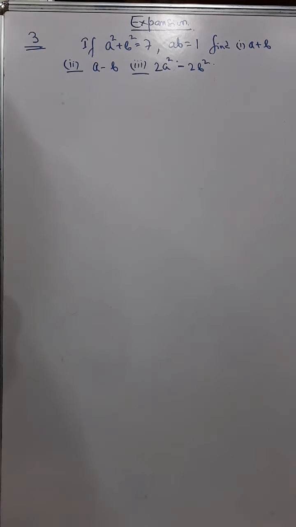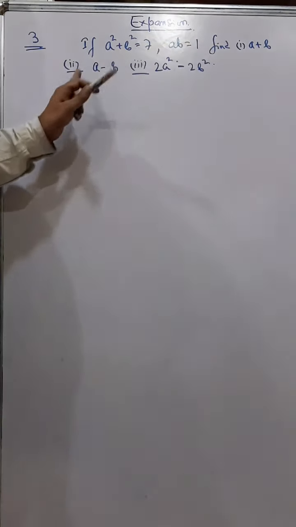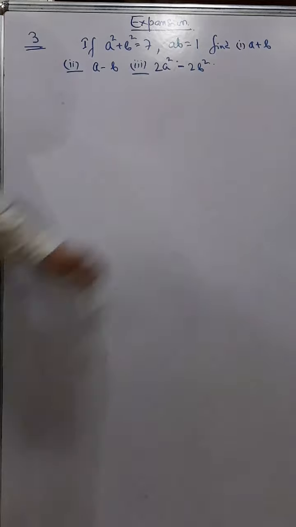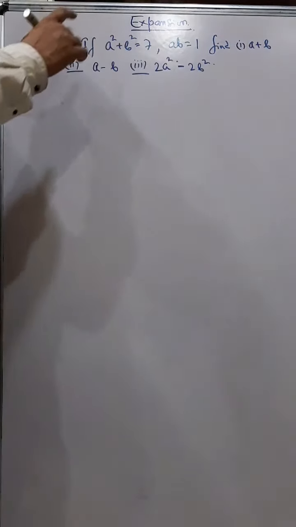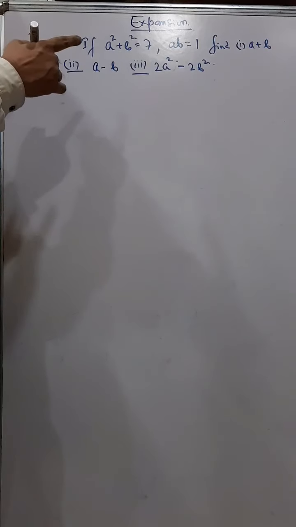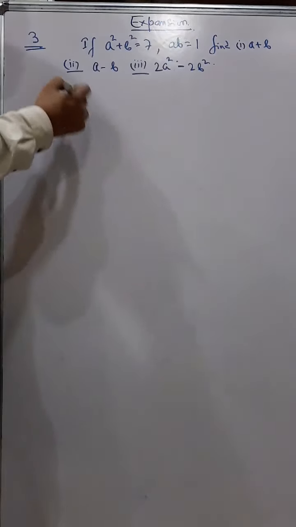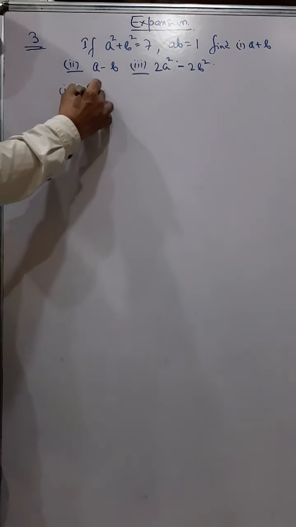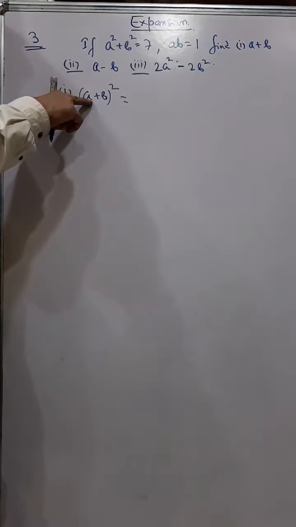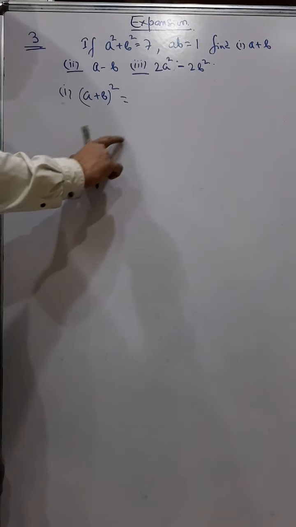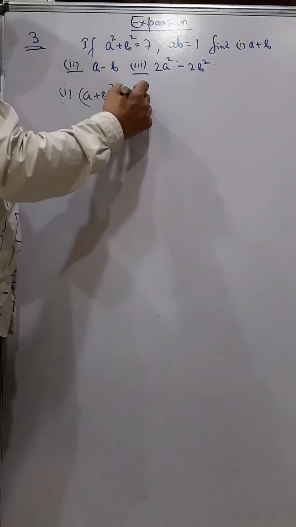Okay, now in this sum they told a square plus b square is 7, ab equals 1. We have to find a plus b, a minus b, and this. As I have told you, we don't get a plus b directly, we get the value of a plus b whole square, because there is no formula for only a plus b. So we'll start with a plus b whole square, and after getting the value of a plus b whole square, we can get the value of a plus b by taking the square root. So a plus b whole square is what?